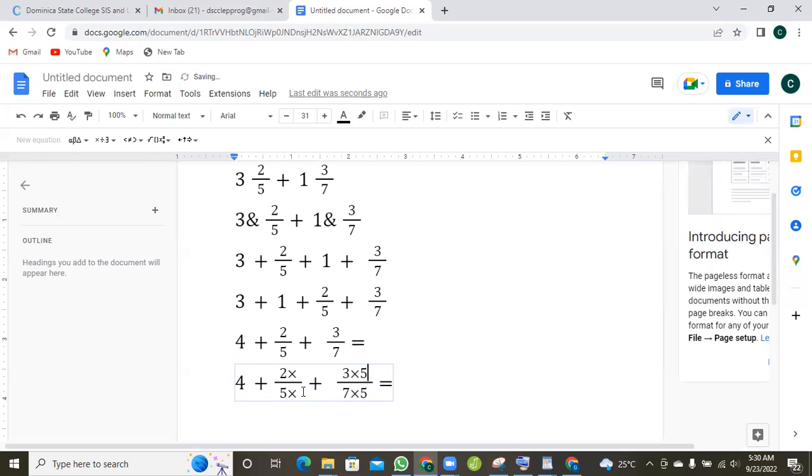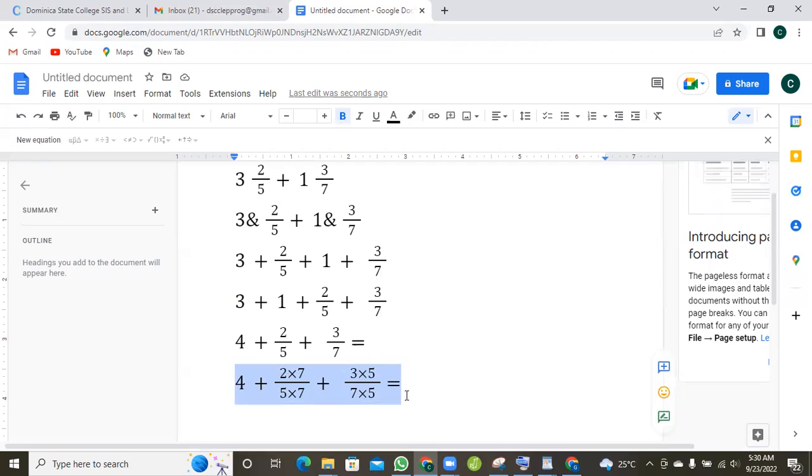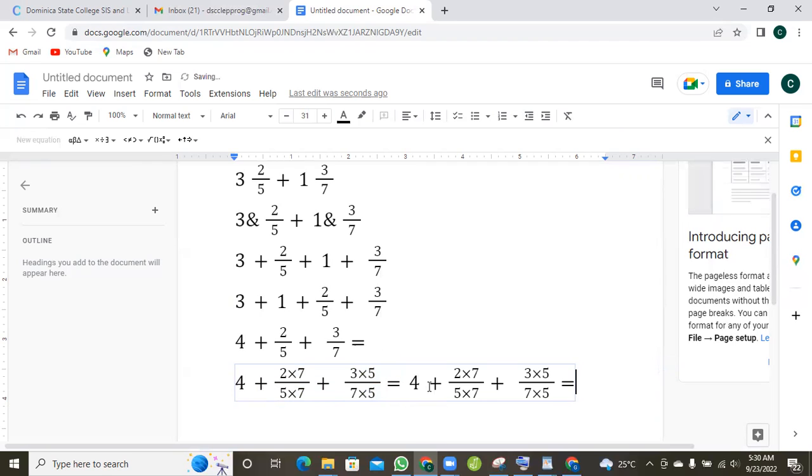And you see that 7 there, we're going to multiply both the numerator and the denominator by that 7. And this will give us a common denominator easily. So what we're going to have is 14 over 35, because 2 7s are 14, plus 15 over 35, because 3 5s are 15.